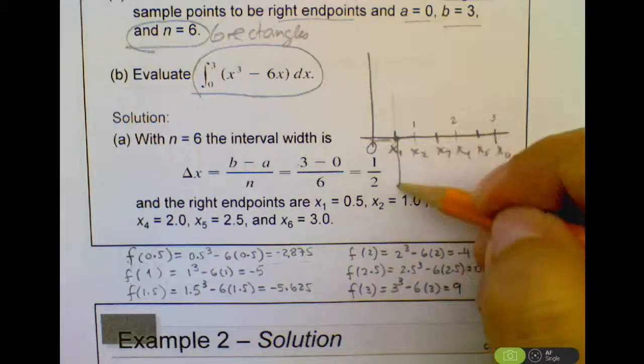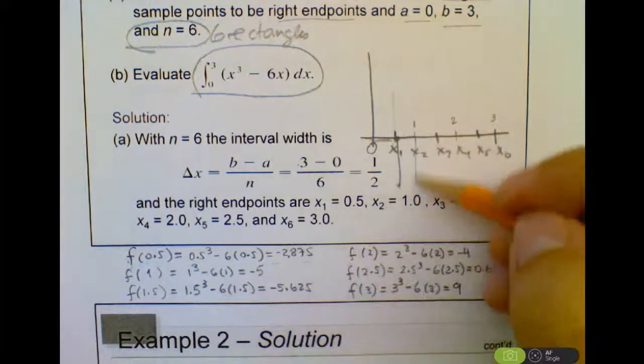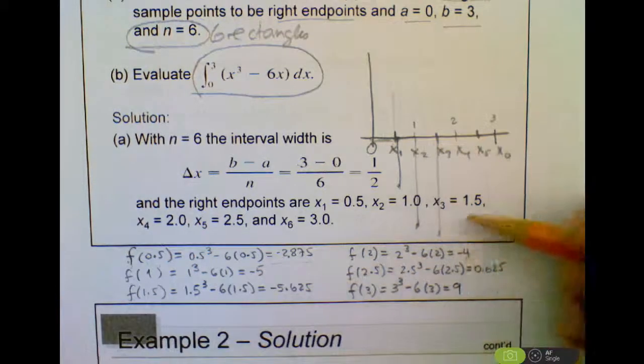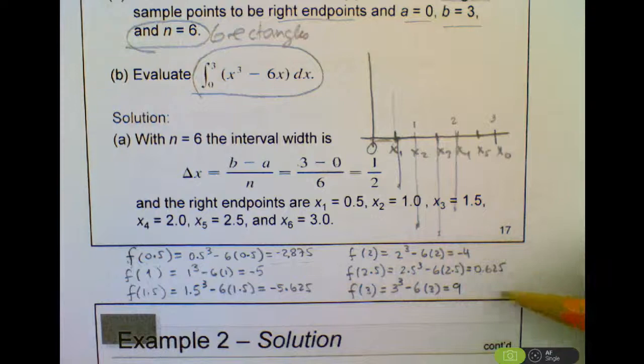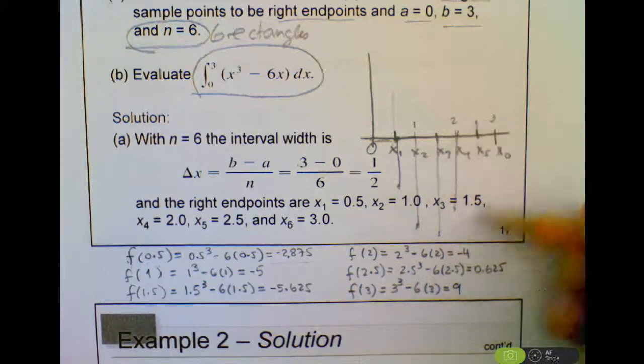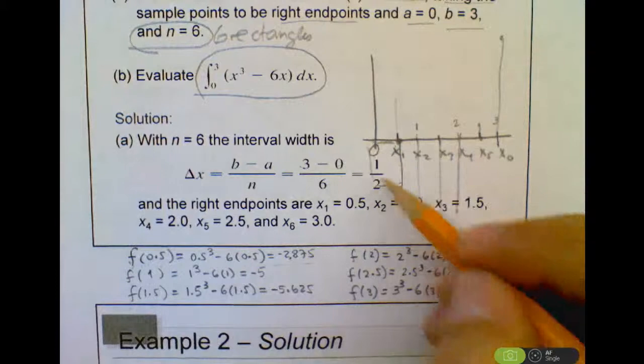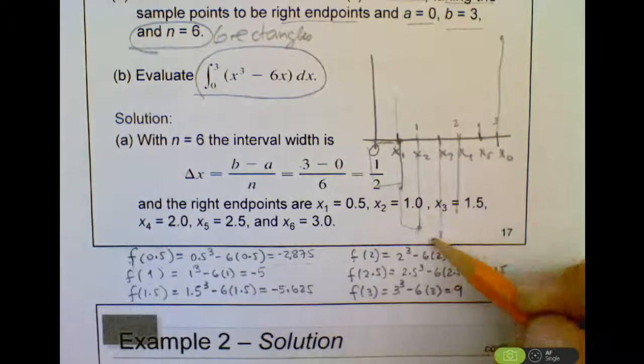So you're going to go down this way. Then this one is -5, this one is -5 and some change, this one is -4, this one is 0.6, so it's going to be very little, and then this one is going to be 9. So that's how you're going to construct those rectangles.